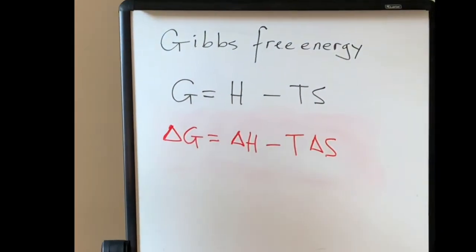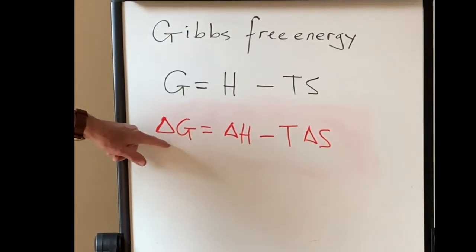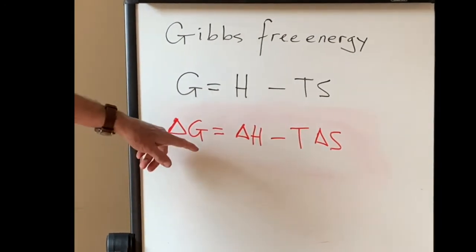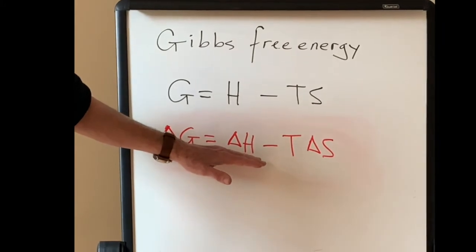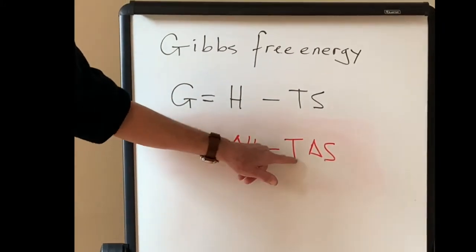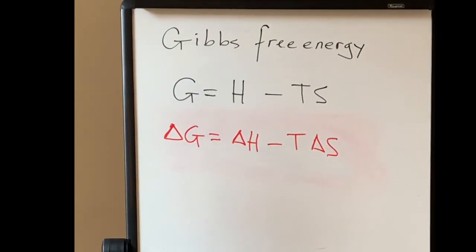So a reaction can be characterized by a delta G value, a change in Gibbs free energy. And that is the sum of its change in enthalpy and its change in the product of temperature times the change in entropy.